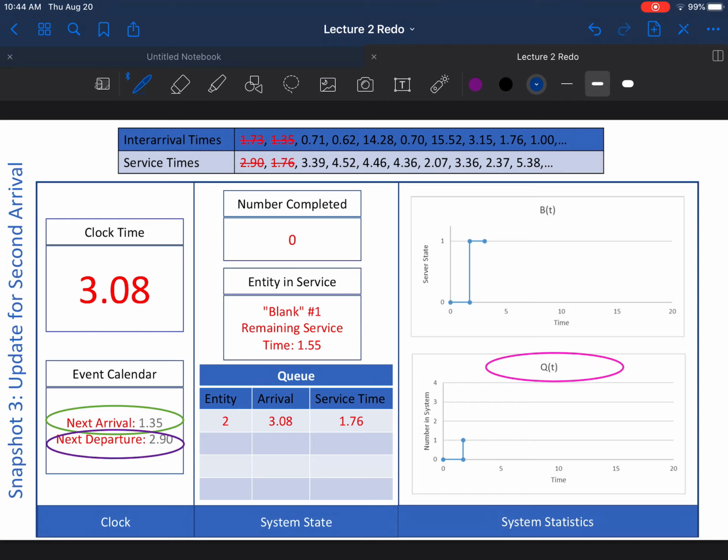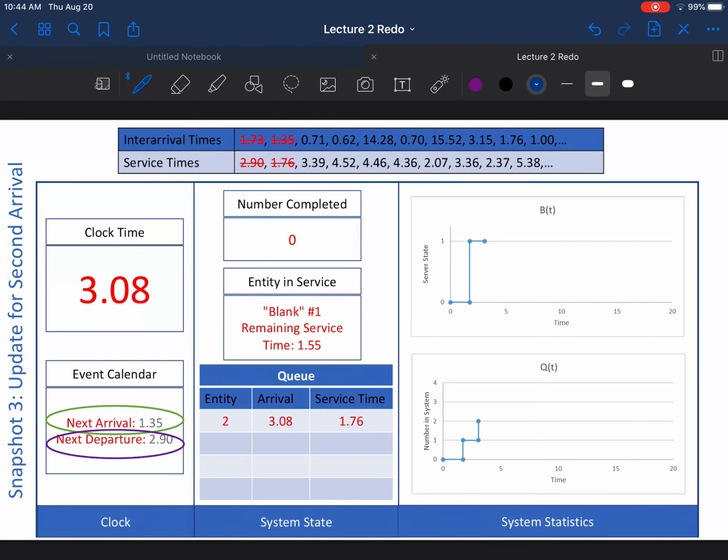Well, now at this 3.08, it shouldn't be surprising to you that this is going to jump up, right? Because now we have two entities in system, two parts in system, blank number one in service, and then we also have the one in the queue. So we have to reflect that.